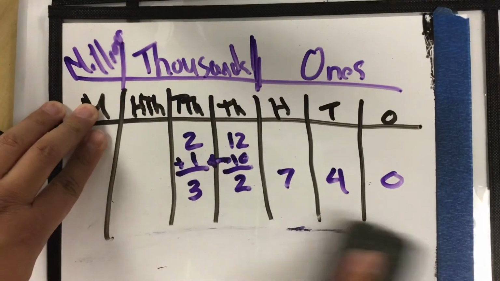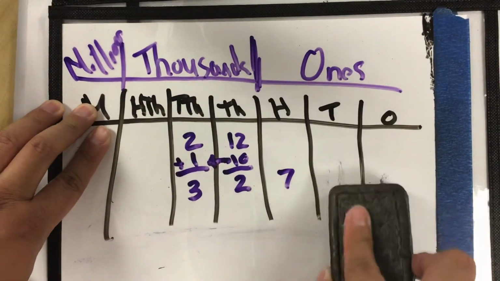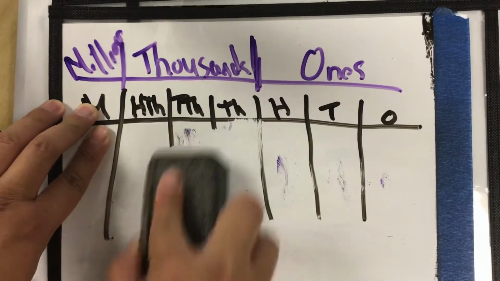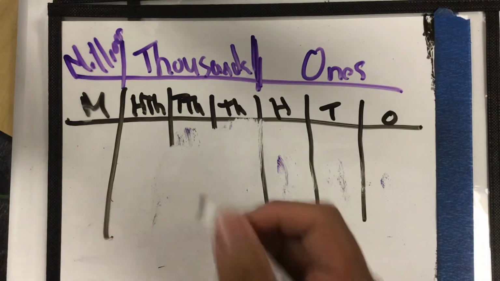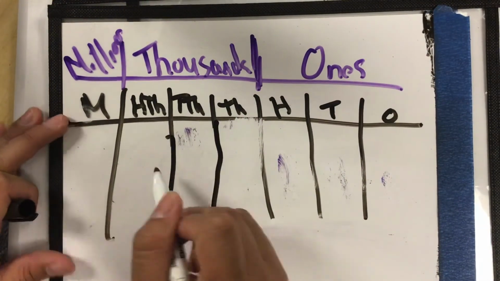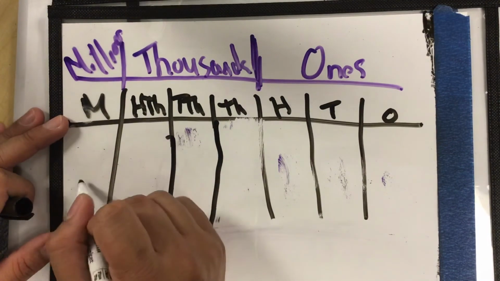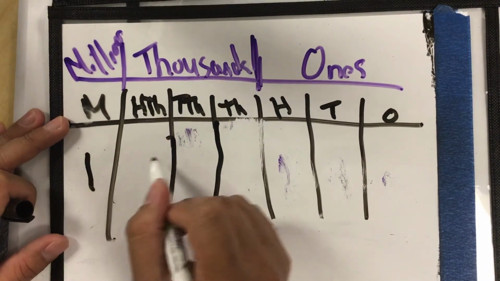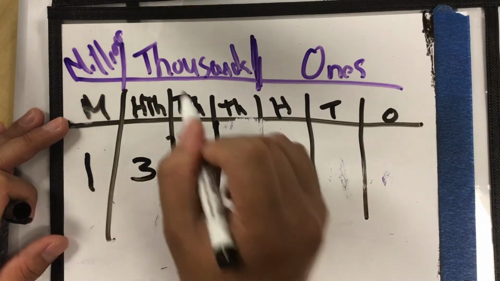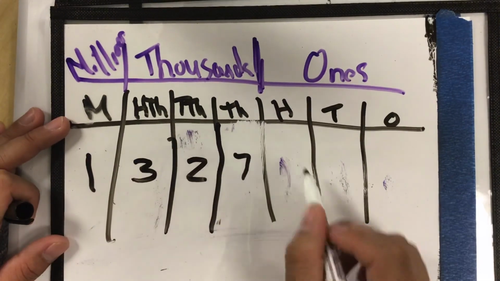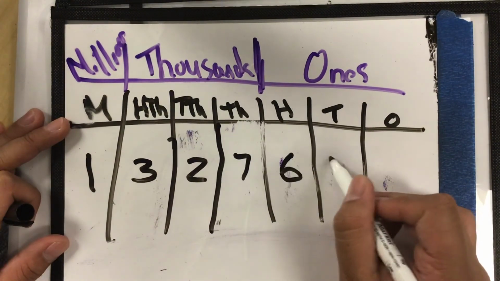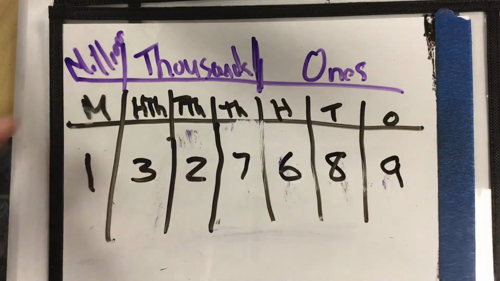Let's try another one and see if you can figure out where to put the comma. Okay, so let's draw our lines right here. Let's say we have 1,300,000, 2 10,000s, 7,000s, 600s, 8 10s, and 9 ones.